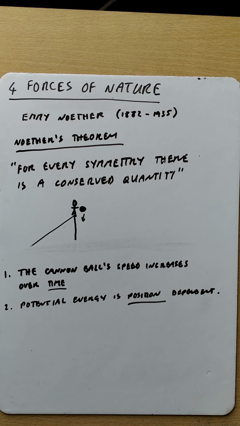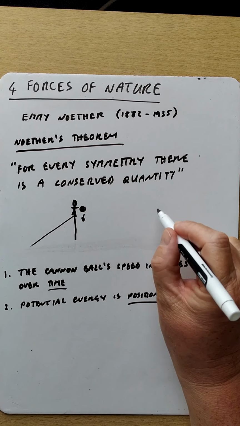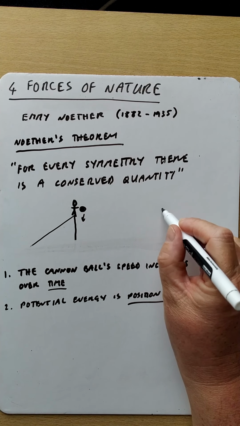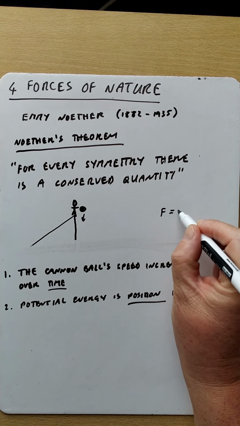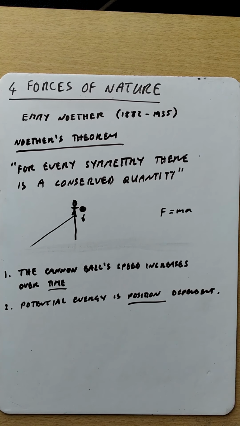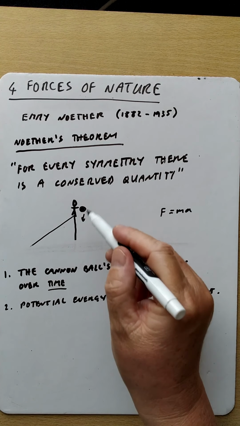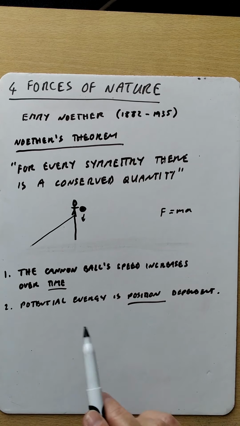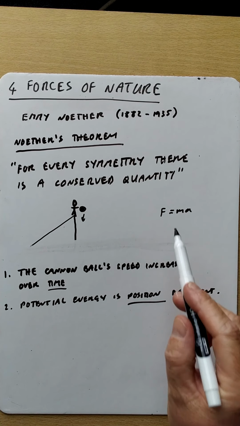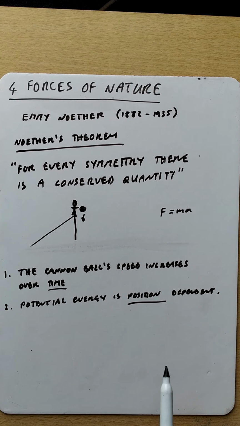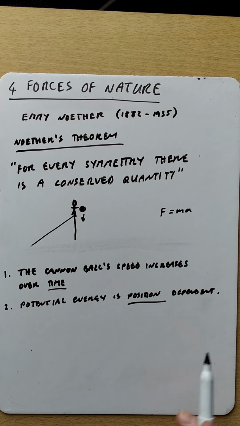If you know a bit of physics, you probably think, well, there's nothing really interesting happening here. This is just a restatement of Newton's second law, force equals mass times acceleration. When there was a force, a gravitational force, the cannonball accelerated. When we took the force away, we took away the Earth and its gravitational field, then the acceleration, the force, became zero, and so the speed remained constant.